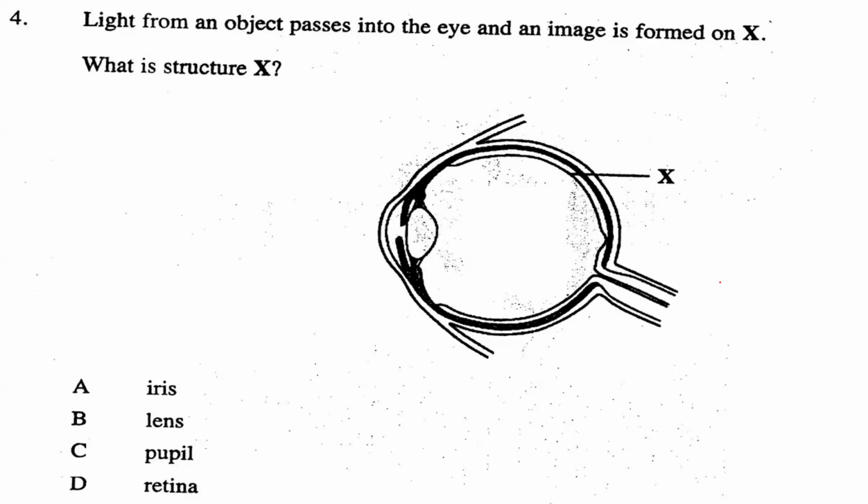Light from an object passes into the eye and an image is formed on X. What is structure X? Is X the iris? Is X the lens? Is X the pupil?